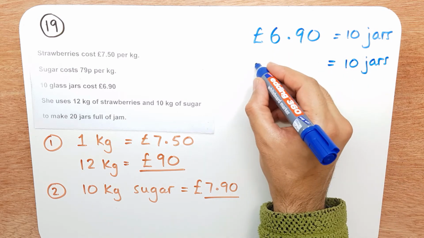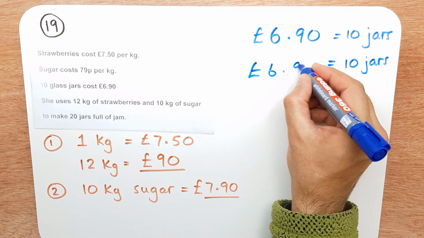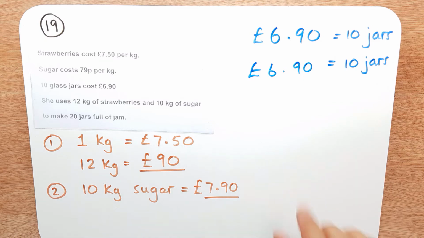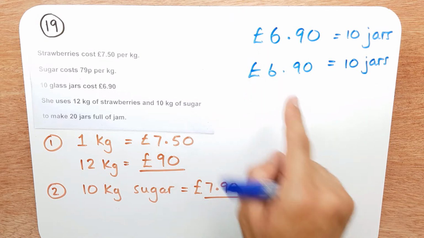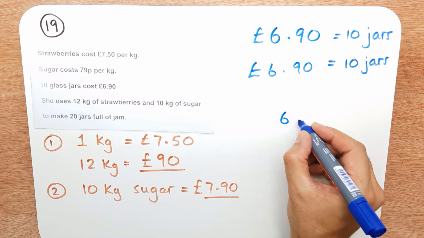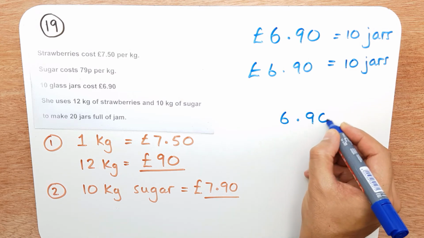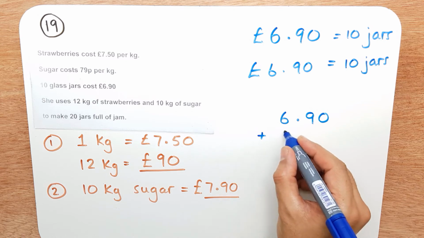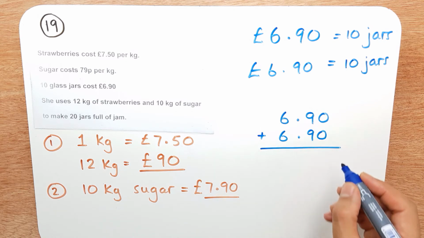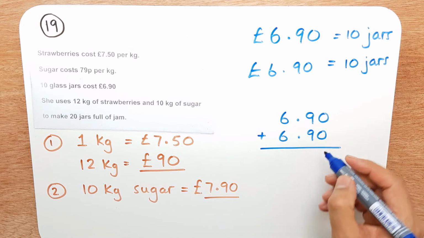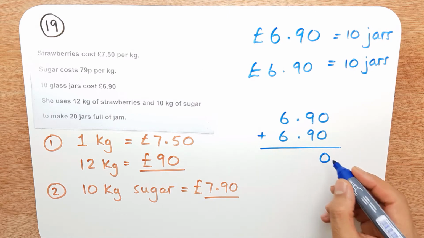And that would be another £6.90. So our calculation is to add £6.90 and £6.90. So let's line it up here. Column addition. 0 add 0 is 0.